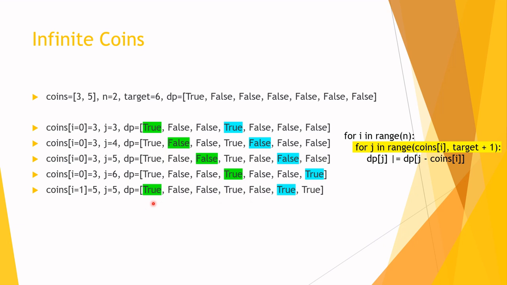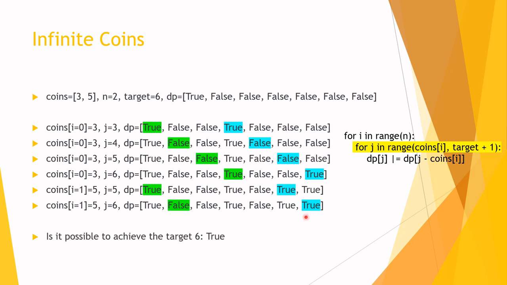Here dp of 5 is set to true, false or true is true. So dp of 5 is set to true according to this formula. And next, dp of 6 is false or true. dp of 6 is anyways true, so it doesn't change.